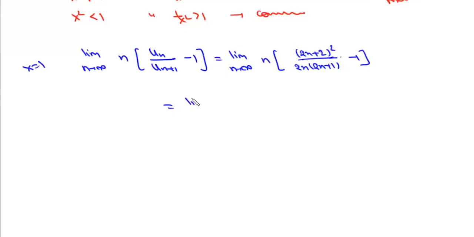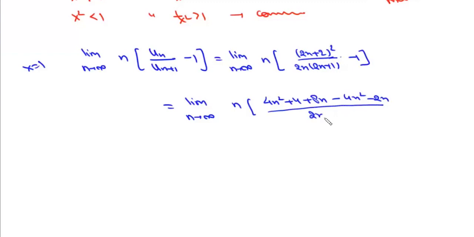Now we can write this as this limit, n tends to infinity, n, and here it will be this 4n square plus 4 plus 8n minus 4n square minus 2n upon 2n into 2n plus 1. Now this 4n square will cancel. We can write this as this limit, n tends to infinity, 6n square plus 4n upon 4n square plus 2n.